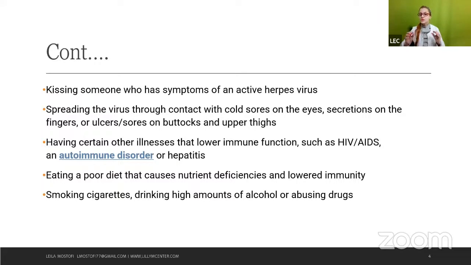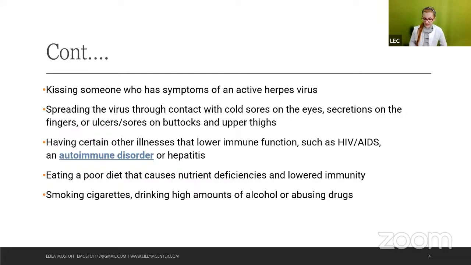Spreading the virus through contact with cold sores, on the eyes, secretion on the finger, or ulcers and sores on the buttocks and upper thigh. And as you know, having certain other illnesses that lower immune function, such as HIV and AIDS, autoimmune disorders, or hepatitis.